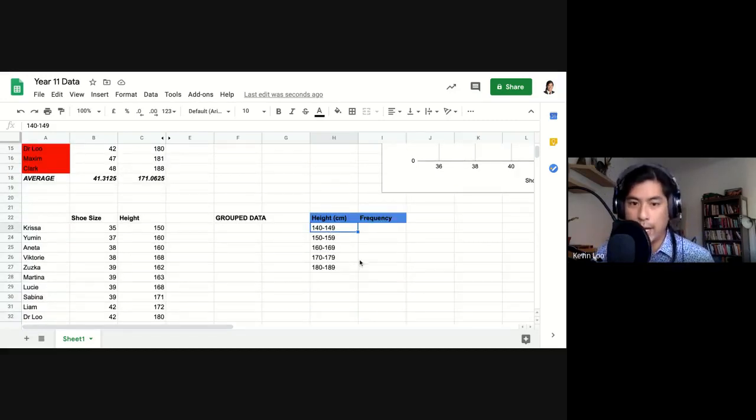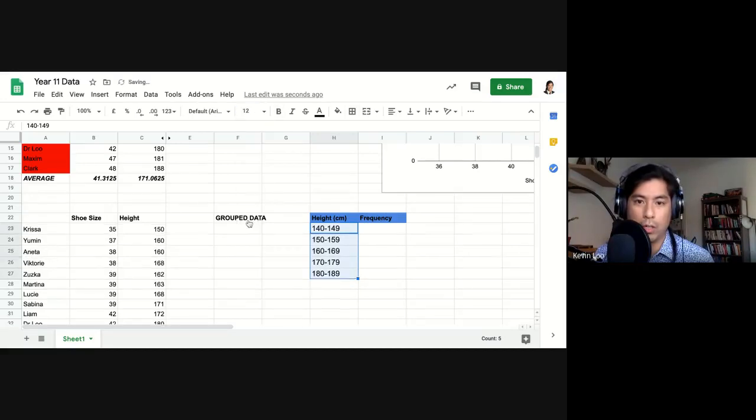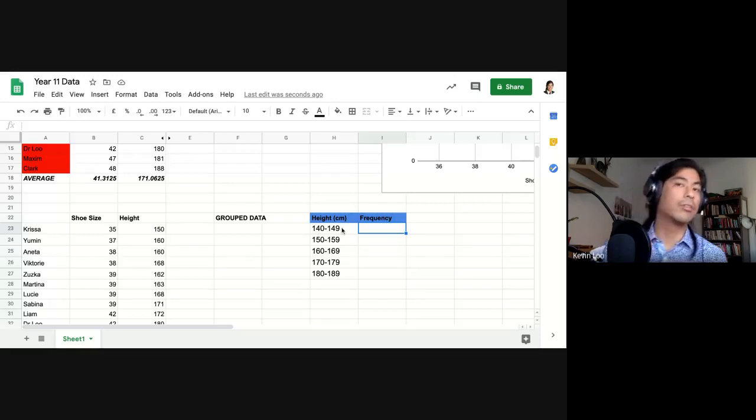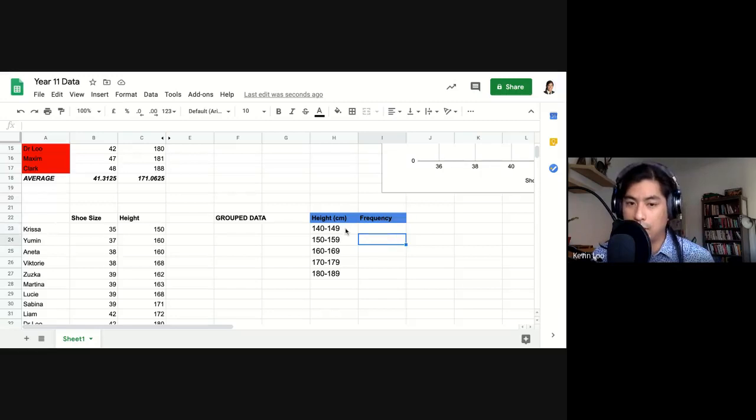So let's make this text a bit bigger so that it's easy to follow. All right. Now frequency is how many times something appears. How many times does a person or a data point appear in this category? So how many people in our class are between 140 and 149 centimeters?